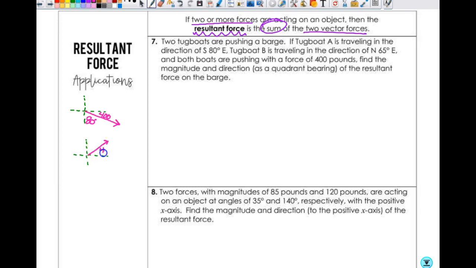You don't have to do them perfect. I am going to redraw something in a minute where it would be better if I was a little more accurate. So this is what's happening. The ship itself is right here, and it's being pushed like that. So this is A, this is B, right? So theta for A, what would theta be for A?